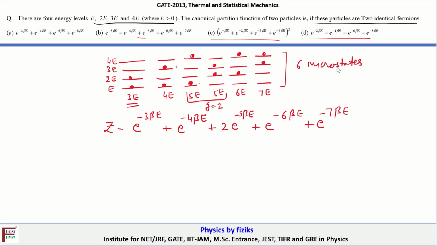There should be a factor of 2 here, only then it's going to be the correct one. So I will mark B as the correct one with this slight correction. There might be some typing error while typing this question here. There should be a factor of 2 with the energy state 5e whose degeneracy is 2. So B is the correct option here.